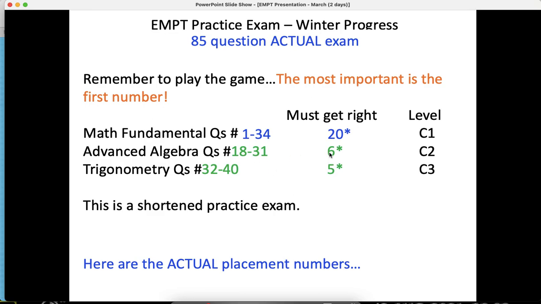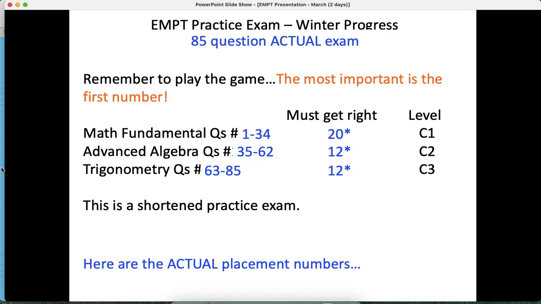And then if you want to dig deeper, then the next set of questions, you want to make sure you get 12 of those correct. And then if you dig deeper yet, these last set of questions, you want to also make sure you get 12 correct. If you're doing this well, what they're telling you here in C3 is you're ready for calculus. So those are the actual numbers for the UW system math placement test.